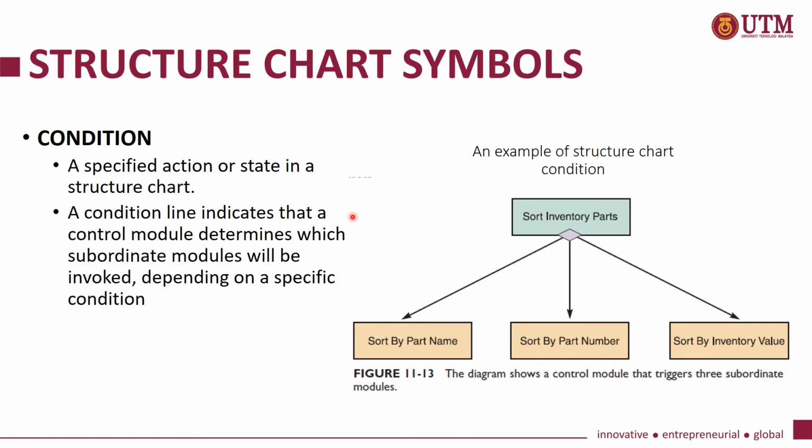A condition line indicates that a control module determines which subordinate modules will be invoked depending on a specific condition. So in the example shown here, the sort inventory part is a control module with a condition line that triggers one of the three subordinate modules.